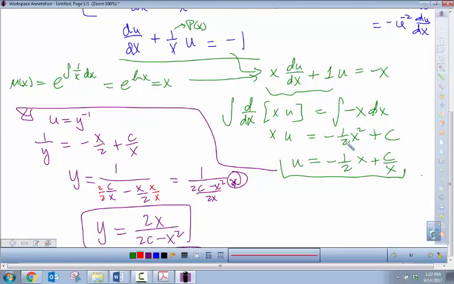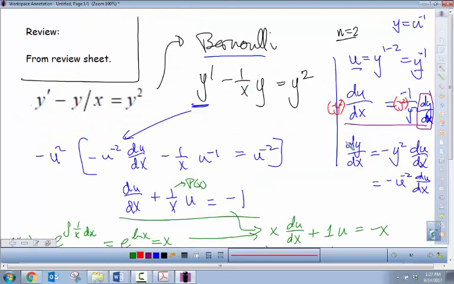Does it look cool? Does it look manageable? It's like a two-step process. The Bernoulli gets you to the first order linear, and then you do the integrating factor. So this is the tricky part here. You're playing with power, and with great power comes great responsibility.